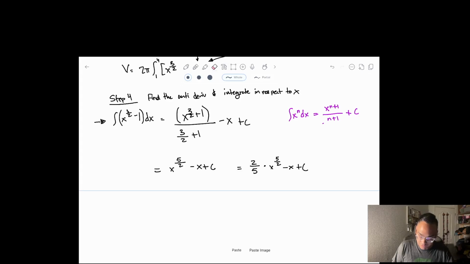It's going to look something like x to the 5 over 2 power, 5 over 2 minus x plus c.